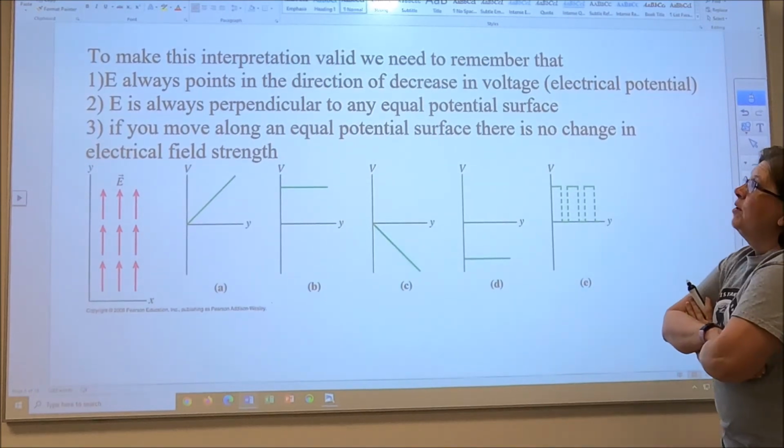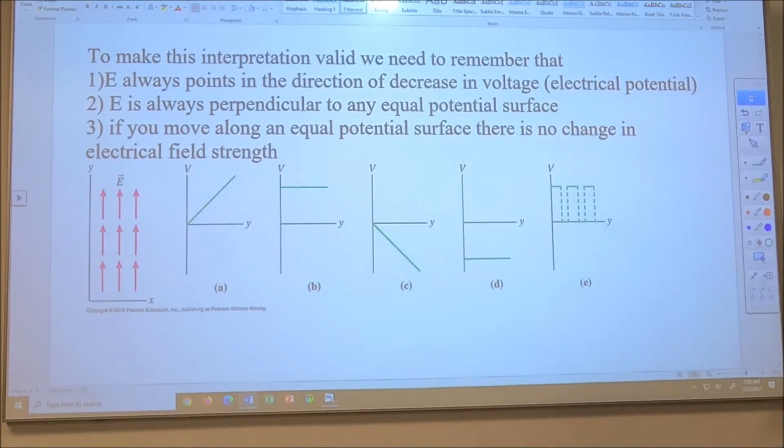To make this interpretation valid, we need to remember that E always points in the direction of decrease in electrical potential. E is always perpendicular to any equal potential surface, and if you move along an equal potential surface, there is no change in potential.